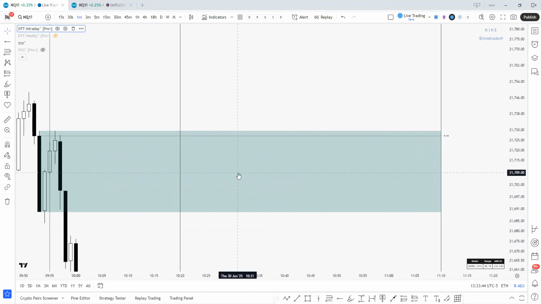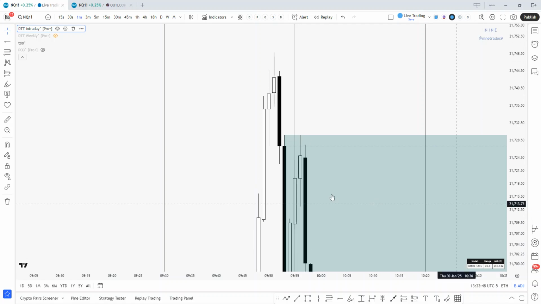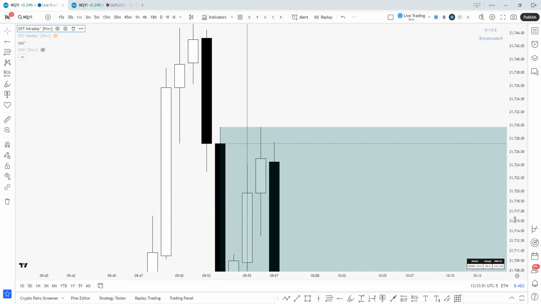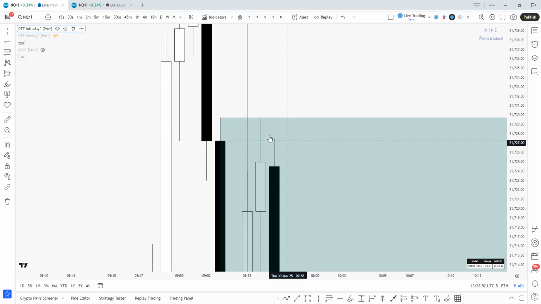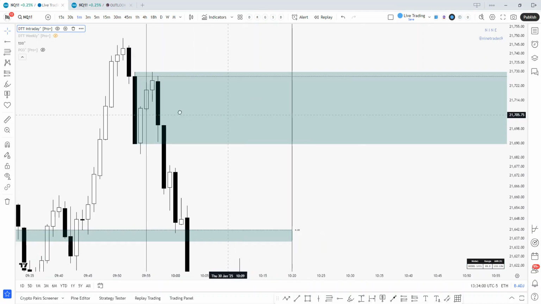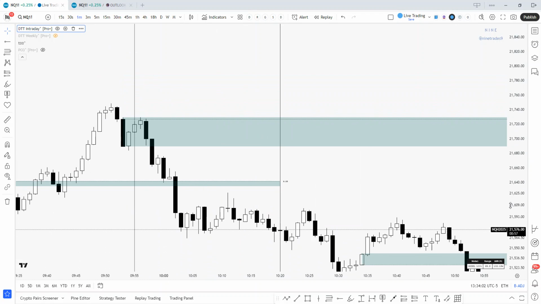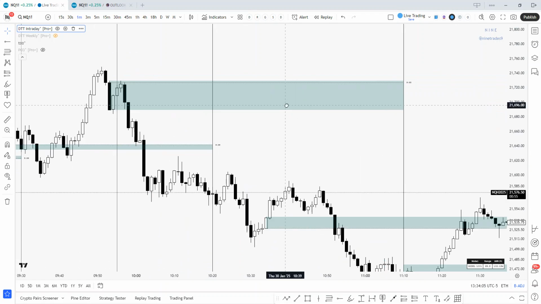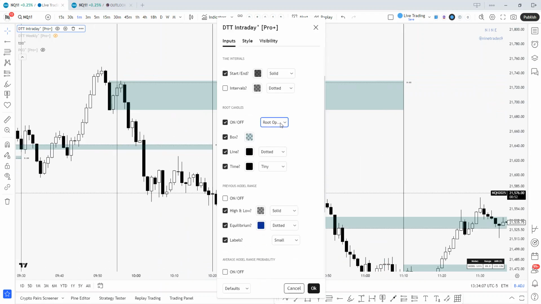So prime example, 953. If I really zoom in, right there, you can see how we didn't really close above it. There's a wick, there's a manipulation there, but there's no body closure above. And as I've mentioned before, when we're looking for continuation trades, that's where I observe equilibrium. So if you go to the settings, you can see equilibrium here is an option, and it's during continuations.